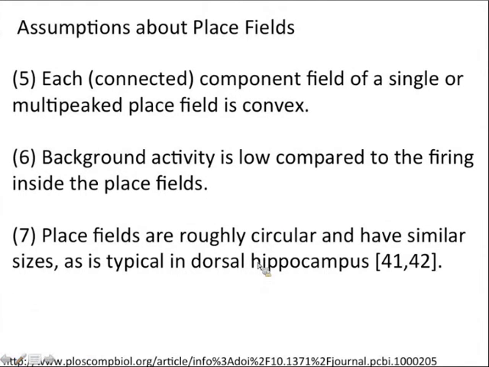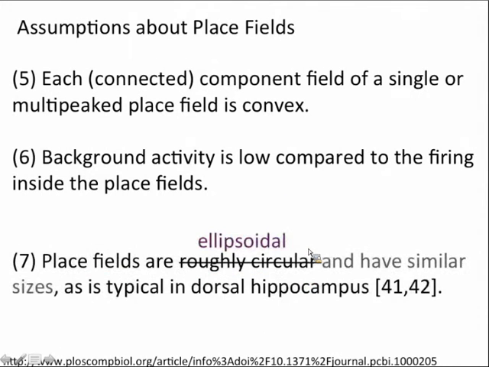And then there's also the question as to the size and shape of the place fields. In 2008, they used roughly circular, which is a good model in some cases. In 2012, they used ellipsoidal. So there'll be ellipsoidal place fields instead. So that's another difference between the two papers.